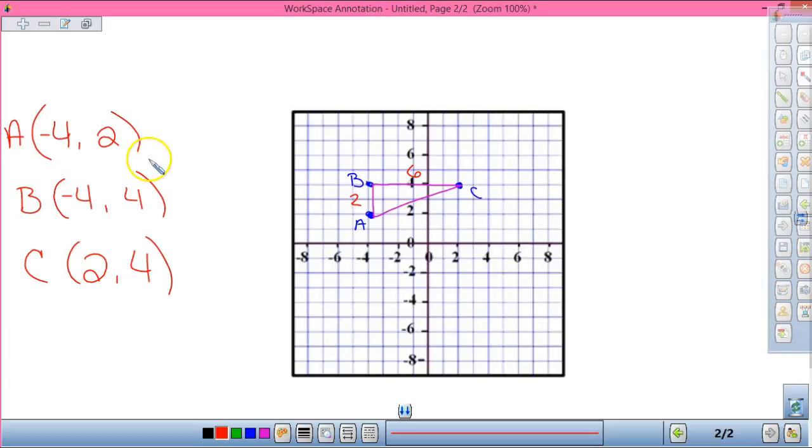Okay, so that means if we're trying to find AC, we need to use the point A and the point C when I'm doing the distance formula.